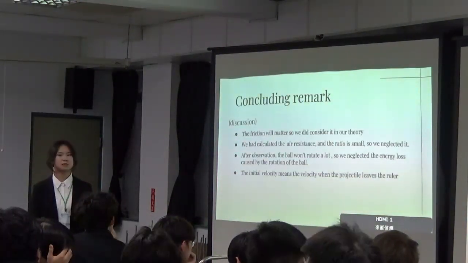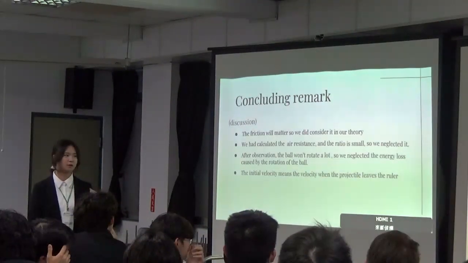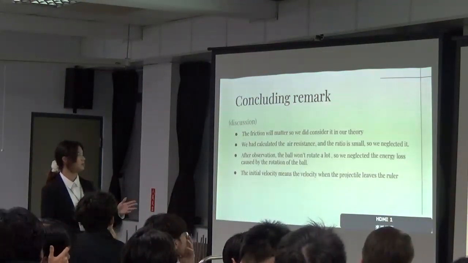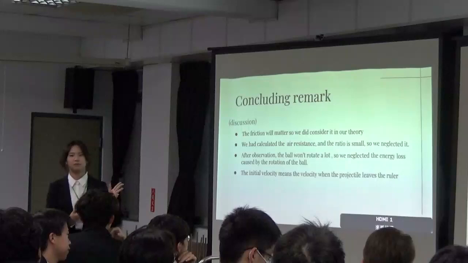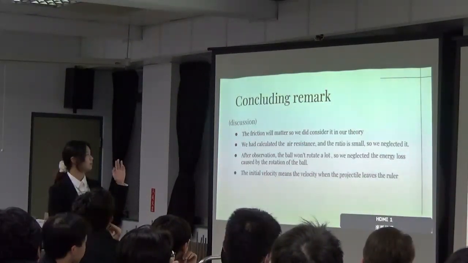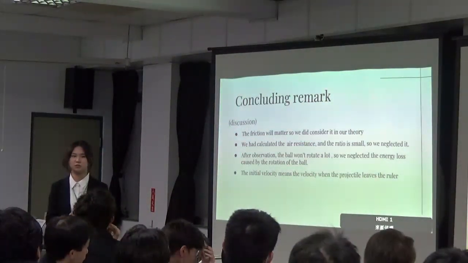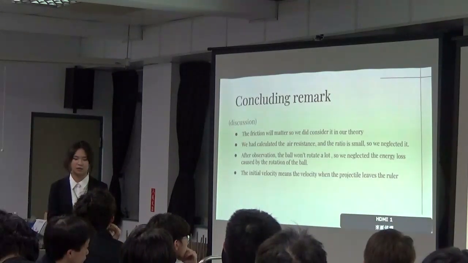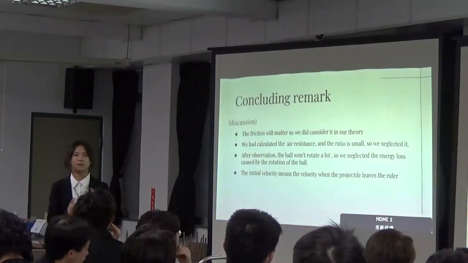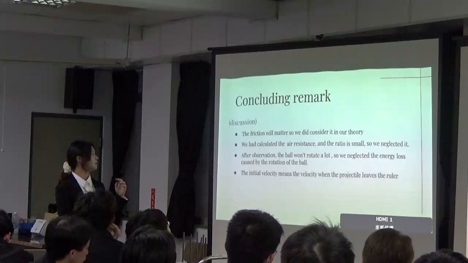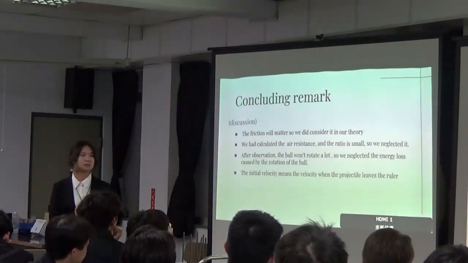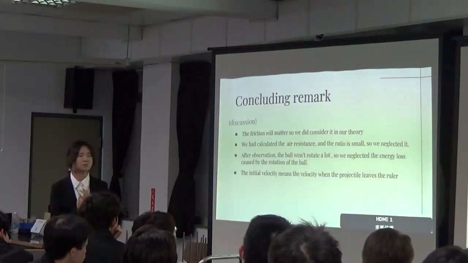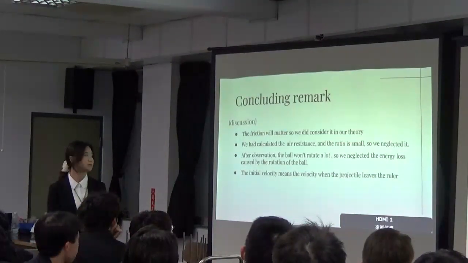And here's the concluding remark of our discussion. We think the friction will matter, so we put the friction into our theory and did the calculation with dynamic friction. We calculated air resistance, and we found the ratio is small, so we neglected it.